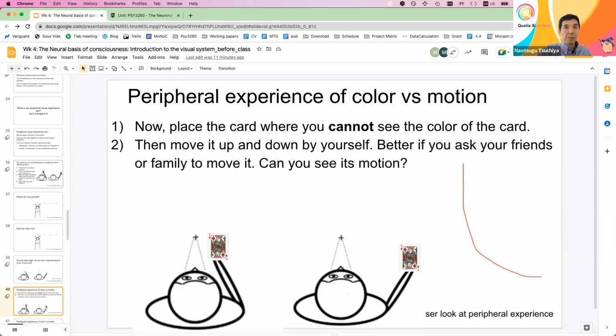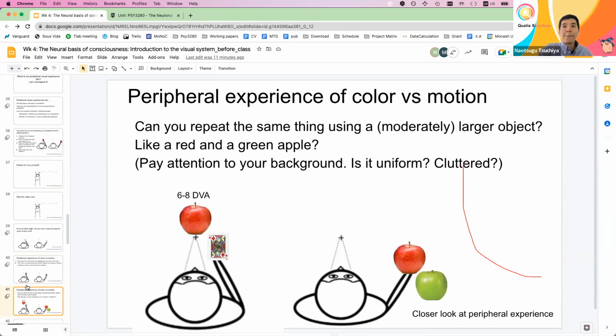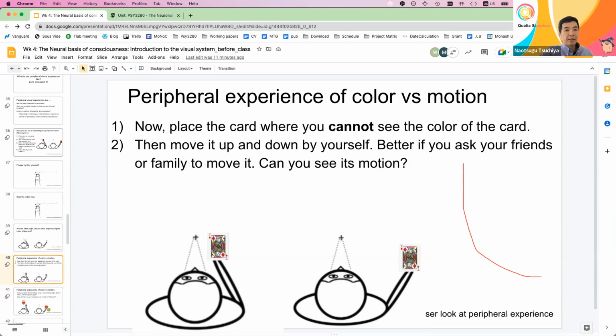Okay, so here, if you have a friend or family member who can present some kind of colored object, either using an iPhone or fruit, to show which one you see in the periphery, you can see.